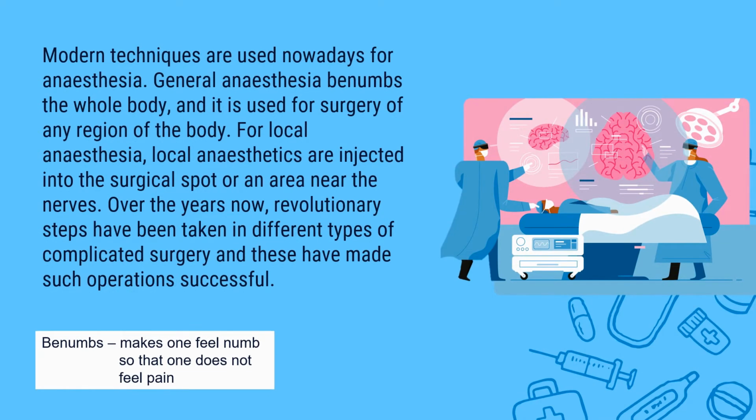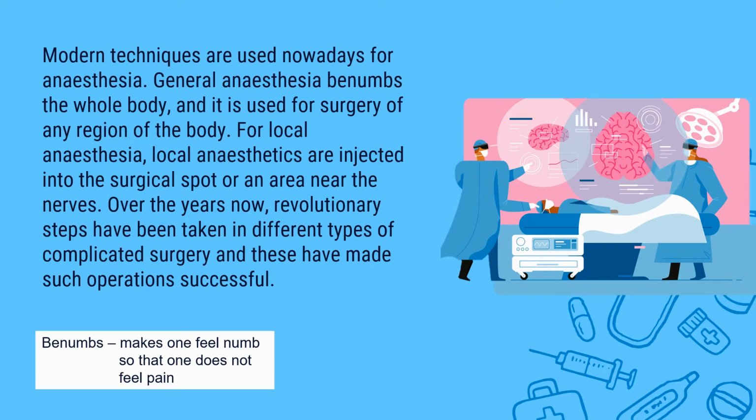Modern techniques are used nowadays for anesthesia. General anesthesia benumbs the whole body and it is used for surgery of any region of the body. For local anesthesia, local anesthetics are injected into the surgical spot or an area near the nerves.